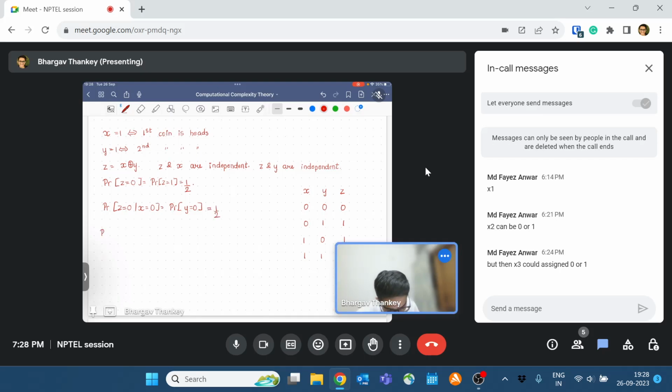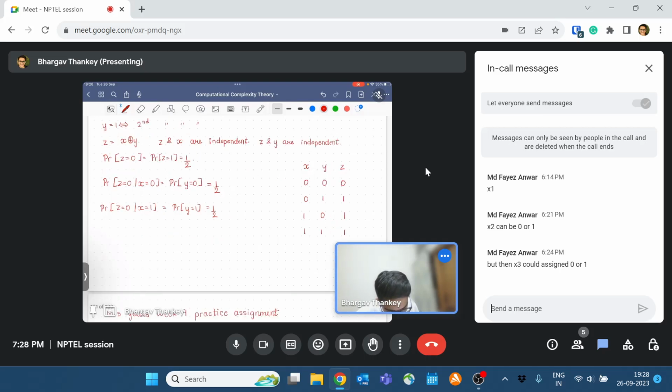Similarly, probability Y must be one. But then this value of Z for X and Y should be 0 here if both are the same in this table.